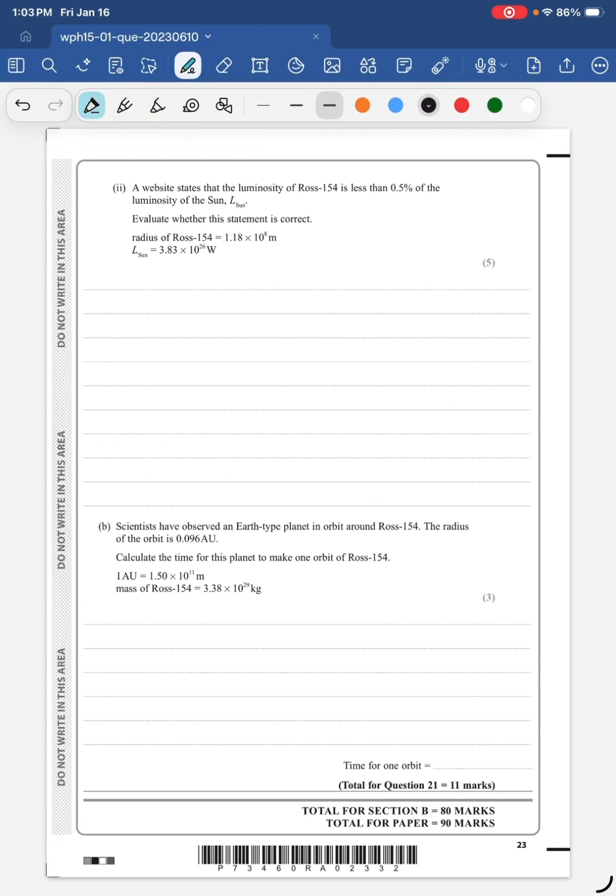Part 2. A website states that the luminosity of Ross 154 is less than 0.5% of the luminosity of the Sun. Evaluate whether this statement is correct. They give you the radius of Ross and the luminosity of the Sun. So L, the luminosity of this object, is sigma times 4 pi times its radius squared times the temperature to the fourth.